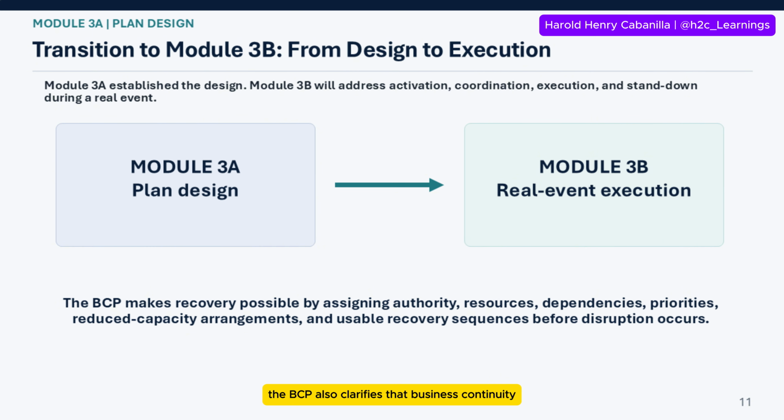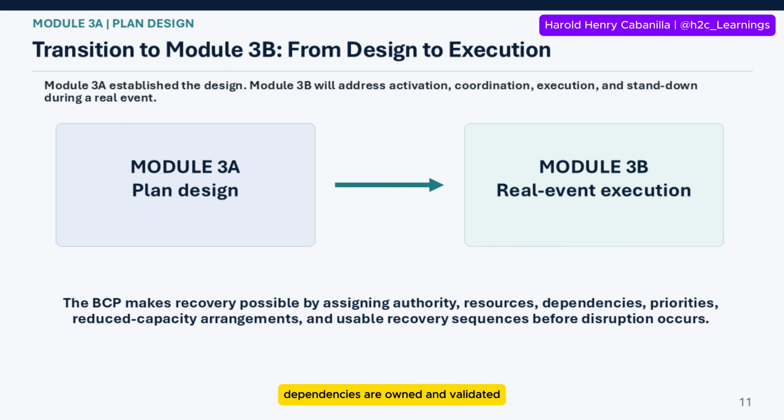The BCP also clarifies that business continuity is not one document and not one team's responsibility. The BCMS governs, the BCP coordinates, specialist plans execute. A clean architecture keeps those responsibilities clear. Partial activation, full activation, and crisis escalation are designed before disruption, not invented during disruption.